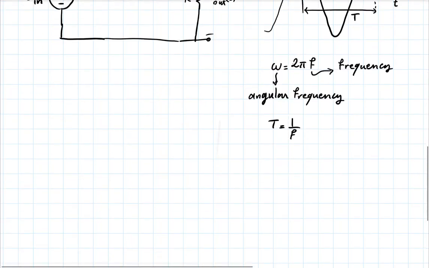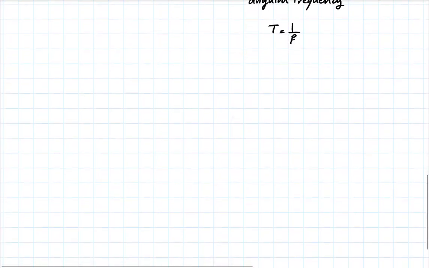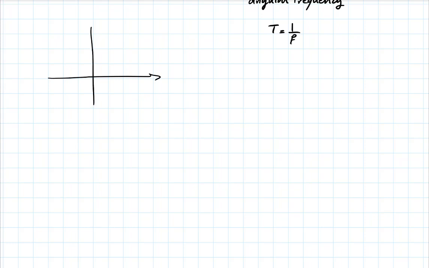Maybe I'll give you a brief reminder that last time we talked in detail about the current voltage characteristics of a diode. And that looked something like this.